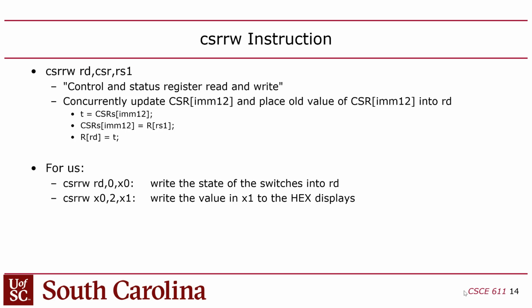So what it essentially does is sort of a swap in a way. Except it doesn't actually swap, because the destination register doesn't have to be the same as rs1, right? So in other words, if you had the same register for these two, it's a swap. It basically takes what's in your register file, puts it out as the output, and takes whatever's coming in the input and puts it in your register file, right? But you don't have to do that, because you can have two different registers specified here, right?